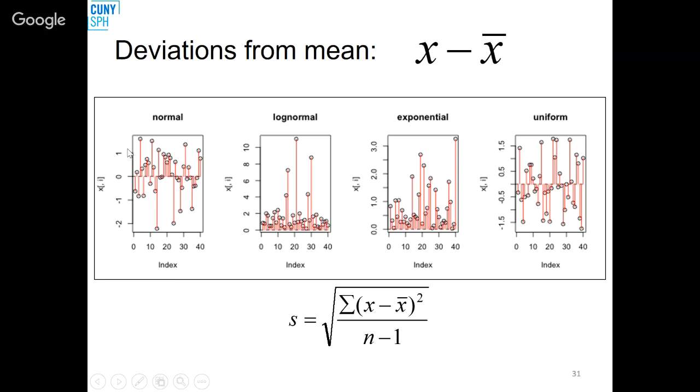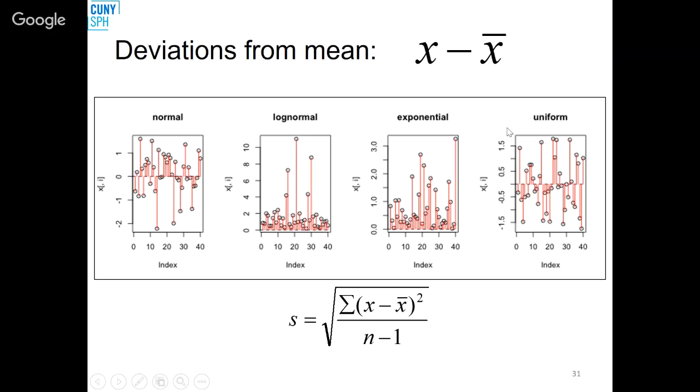Now, these sums of squares are even more sensitive to outliers than the mean was. Remember, with the mean, we just added up the values and divided by n. So in these 4 distributions, here were the deviations from the true mean. You can see how there's more skew and outliers in the log normal distribution.